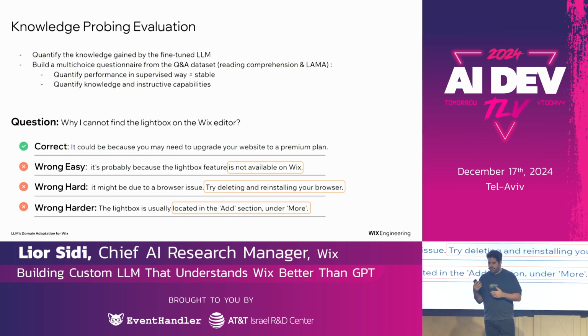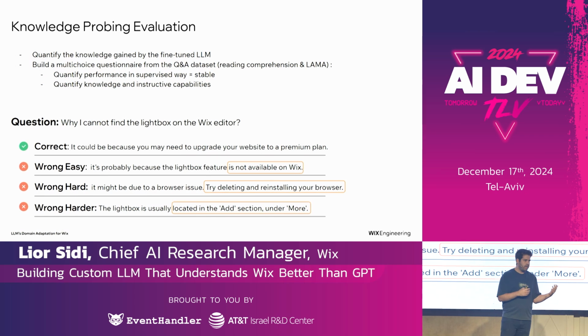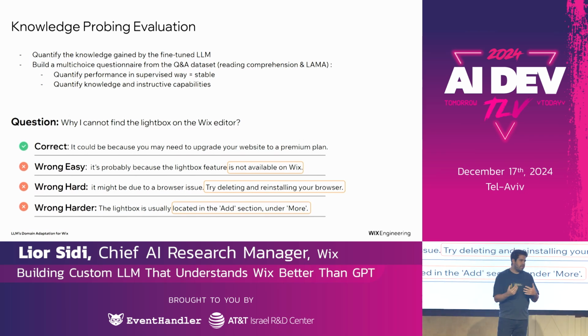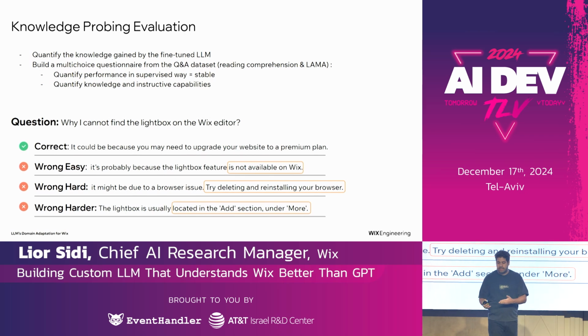One option can be very easy, another one harder and harder. The way you generate them is by maintaining the same structure as your correct answer, so it won't be biased towards the structure. You let another LLM generate them, and then you manually curate it, because it's a benchmark. You don't need a lot of data, but it needs to be very high quality.